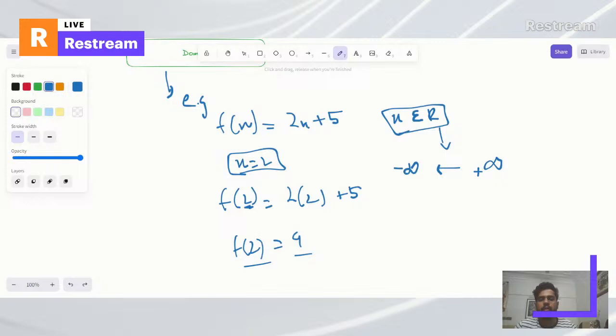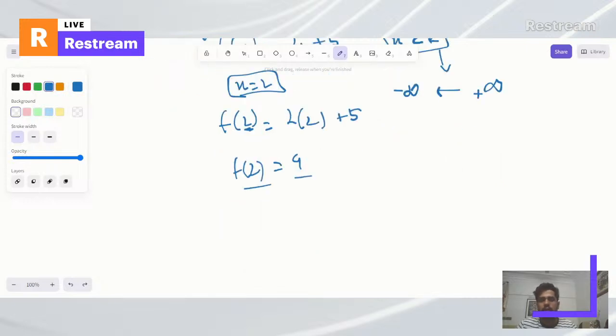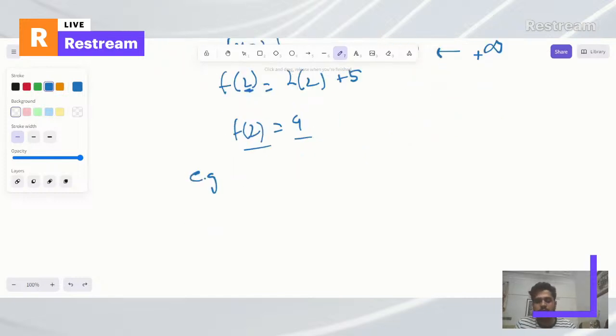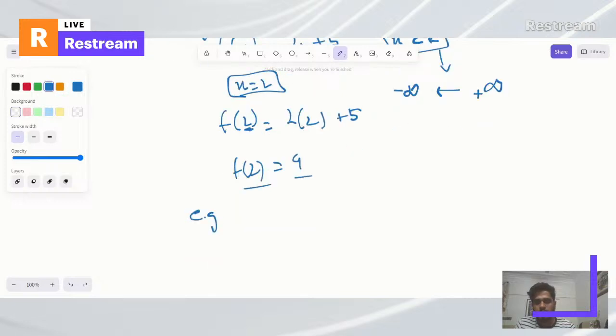All right, now that being said, let's talk about some constraints of domains. If I give you an example, let's say f of x is equal to x square plus 4 divided by x minus 1.